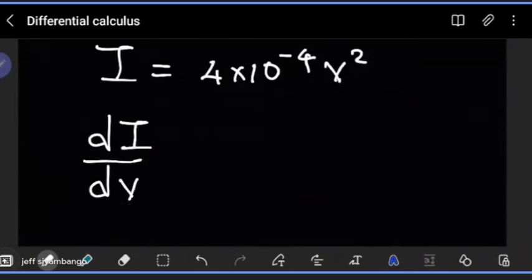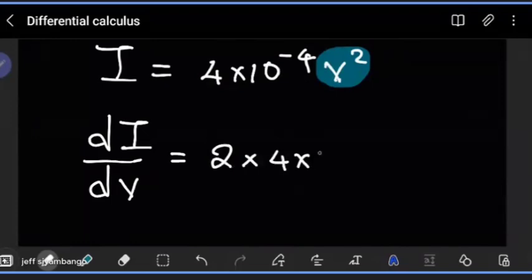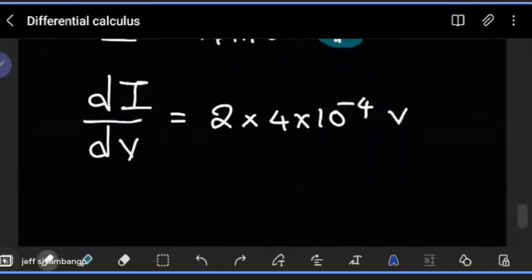So we differentiate with respect to V. When you perform that derivative, the 2 comes down to multiply the 4 by 10 to the power negative 4, and the power reduces by 1, so this will just be V now. Don't mistake the V here for a unit, the volt. Instead that V symbolizes the voltage in this case. So this becomes our derivative.